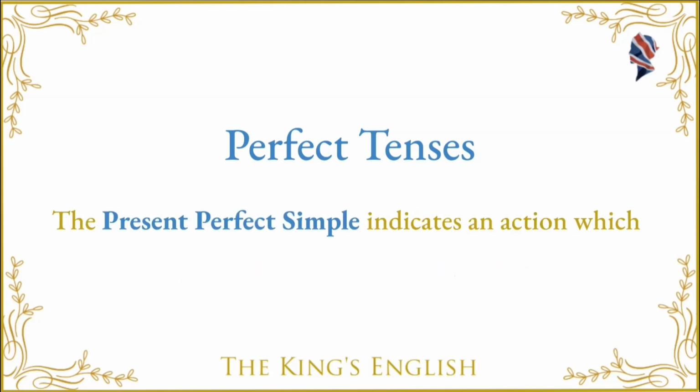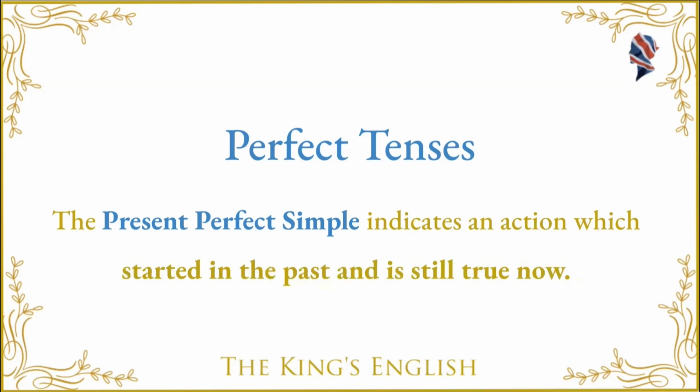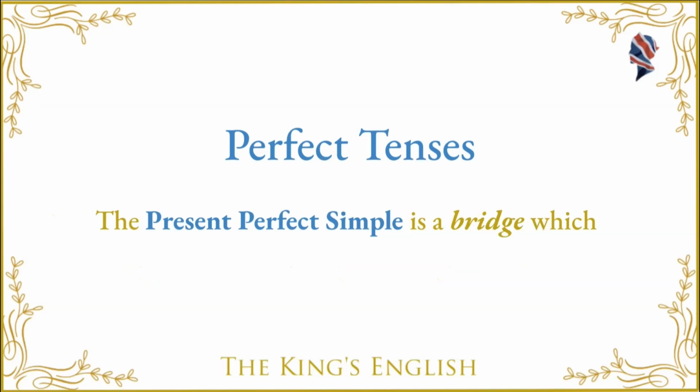The present perfect simple indicates an action which happened at an unspecified time in the past, which started in the past and is still true now, or has a result relevant to the present moment. The present perfect simple is a bridge which connects the past to now.